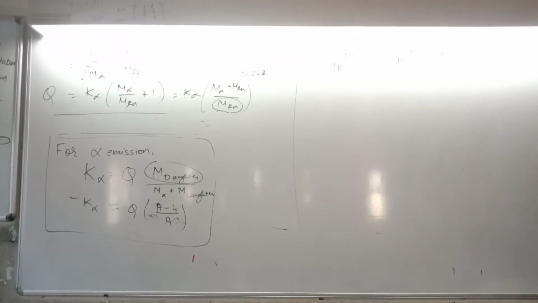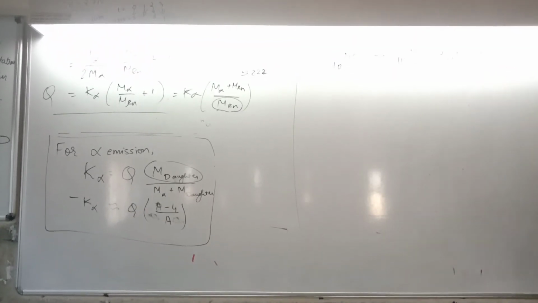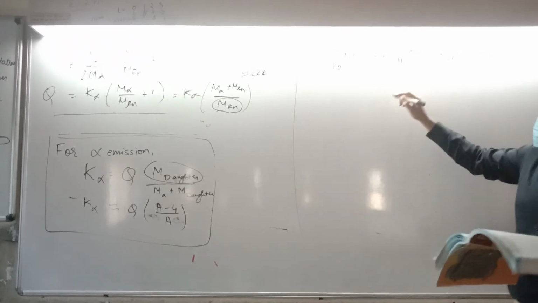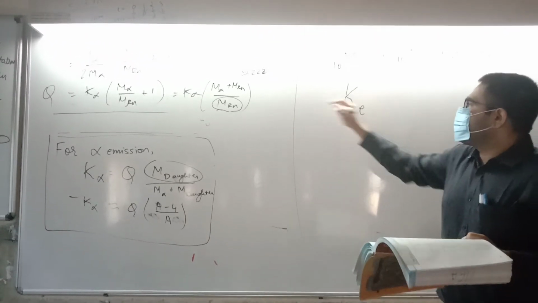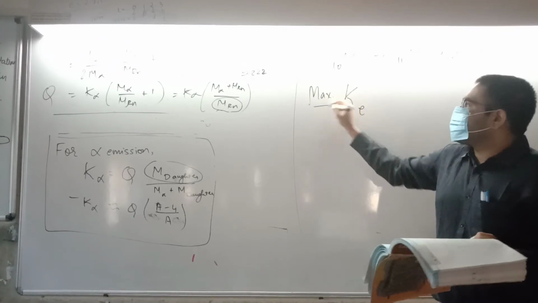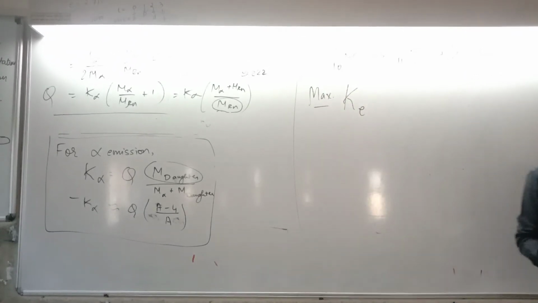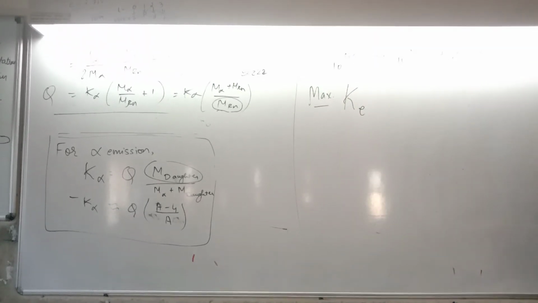All right, so this is the equation. Now we have to find the maximum kinetic energy of the electrons. Here the situation is slightly different because there are three things on the product side, do you agree with me? It is not like the previous one, where there were only two.